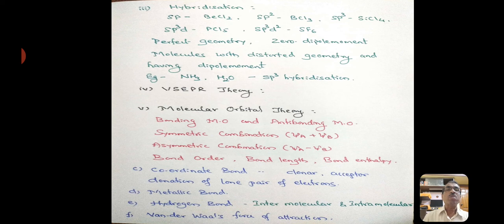Bonding molecular orbitals are formed by the symmetric combination, and anti-bonding molecular orbitals are formed by the asymmetric combination. Symmetry leads to lower energy and greater stability. Asymmetry leads to higher energy and non-stability of the bonding.